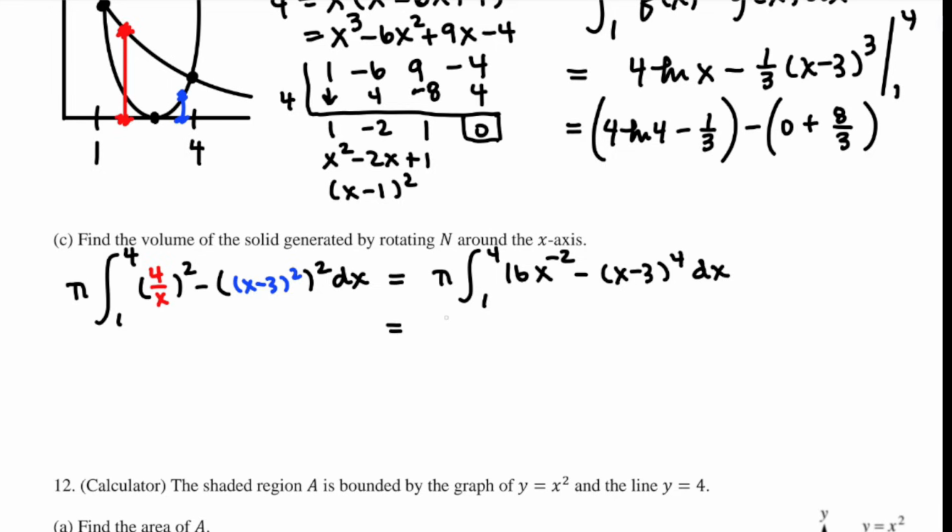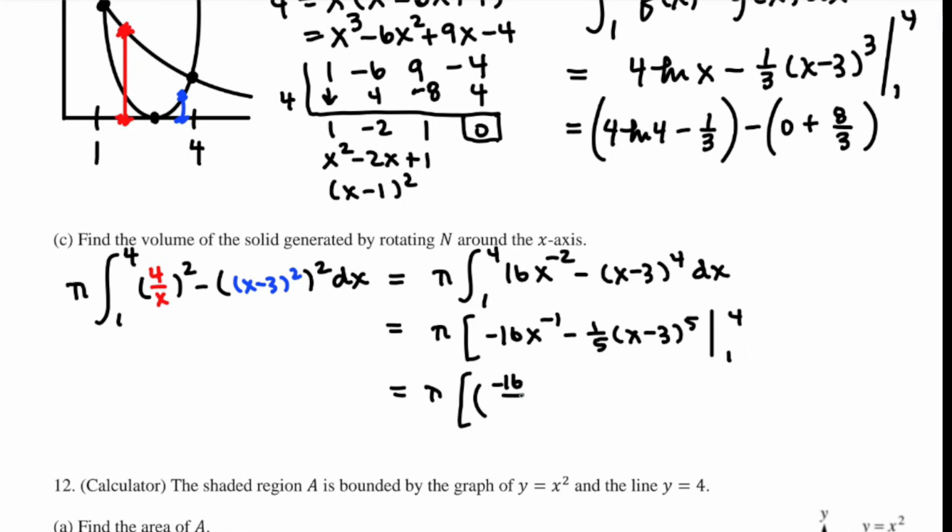And I can anti-differentiate this. When I plug in 4, I'm going to get negative 16 over 4 minus 1/5 of 1 to the 5th.